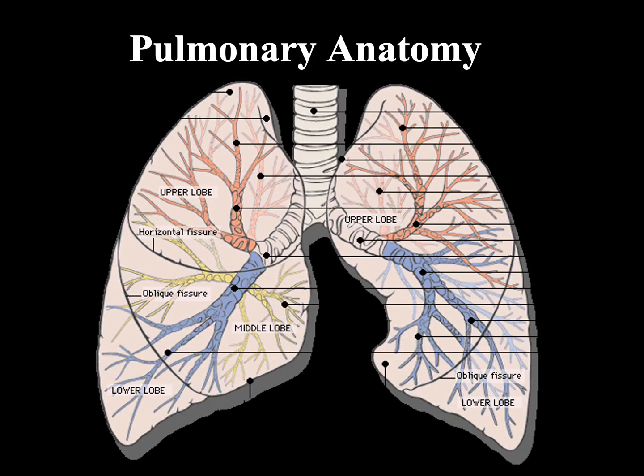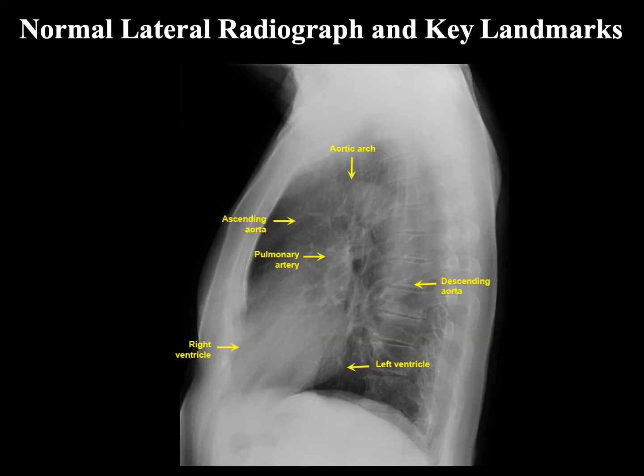Your pulmonary anatomy: you see the upper lobes here, lower lobes, and then a middle lobe on the right and a lower lobe here. You can see a lot of different fissures in the lungs. And on your lateral radiograph, you see the right ventricle and left ventricle as they sit in front of the thoracic spine.